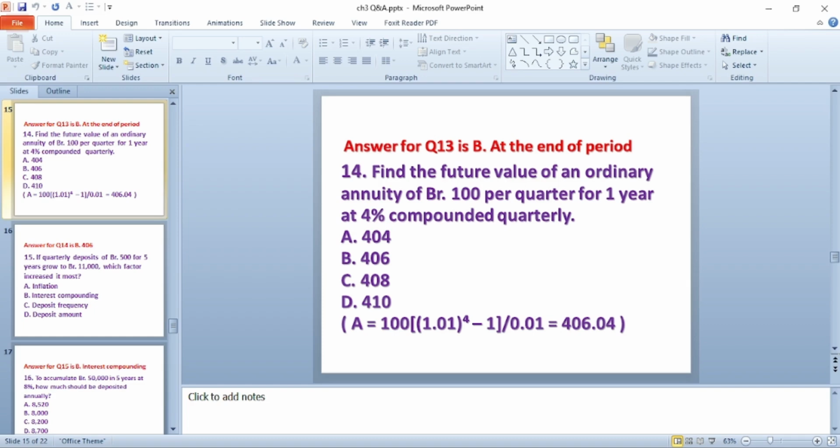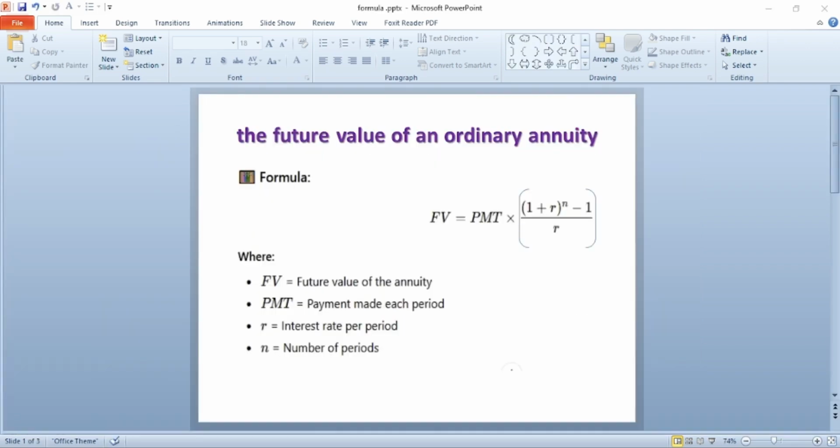Question number 14. Find the future value of an ordinary annuity of 100 per quarter for 1 year at 4% compounded quarterly.